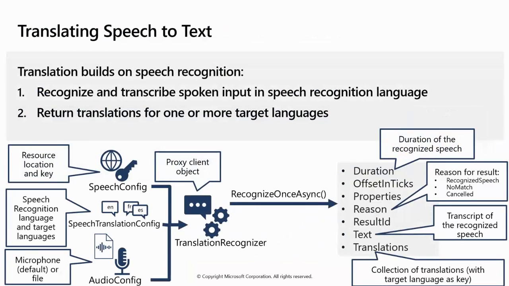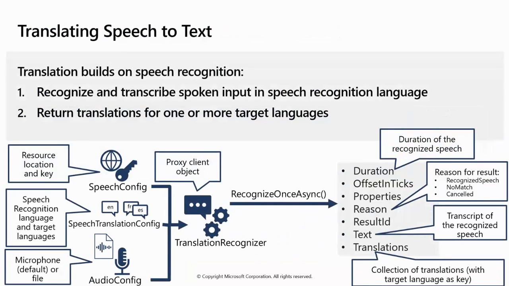Then we use the AudioConfig to define the source of the audio to be transcribed. This is the system microphone by default, but you can also choose an audio file.